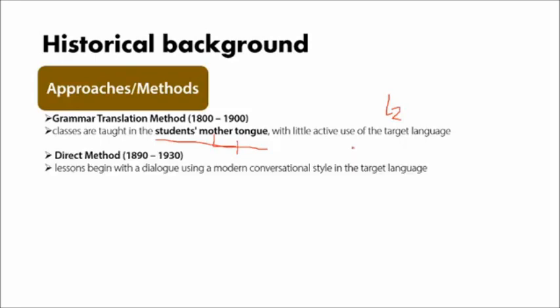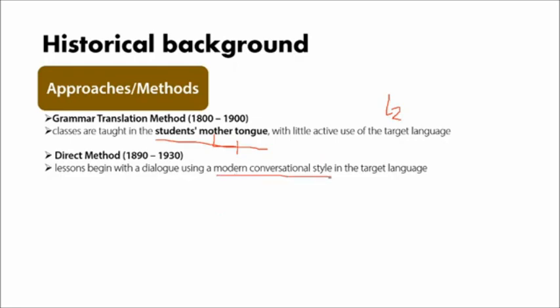Okay, we have the direct method from 1890 to 1930. This is a response to the grammar translation school, and this time rather than the written form, the emphasis is on the spoken language. Okay, so we have to take note of this one.